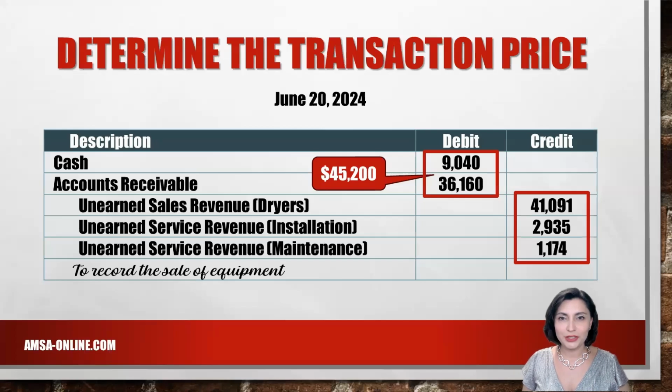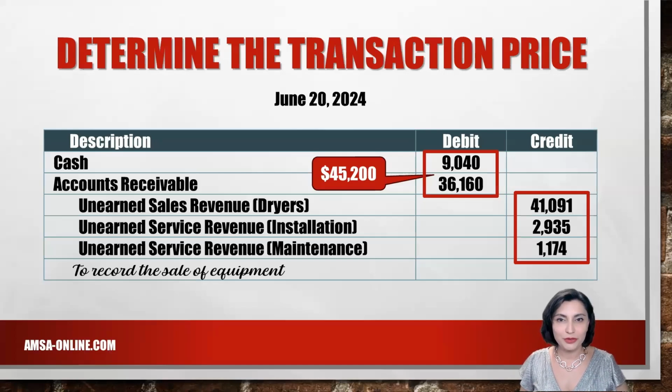We don't recognize revenue at this point since none of the performance obligations were completed. We record a liability for each performance obligation by crediting appropriate liability accounts. Remember that liability is increased by credit. Unearned sales revenue, dryers, is credited by $41,091.